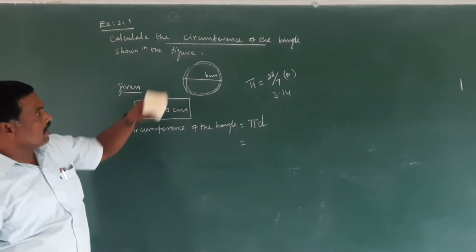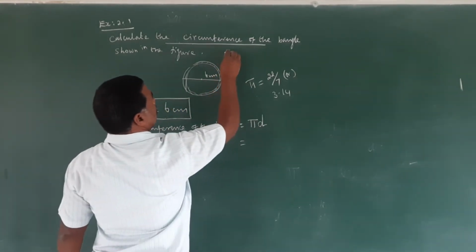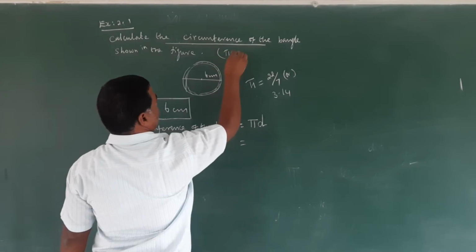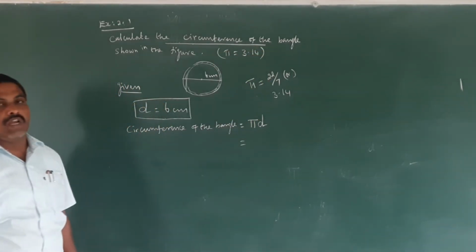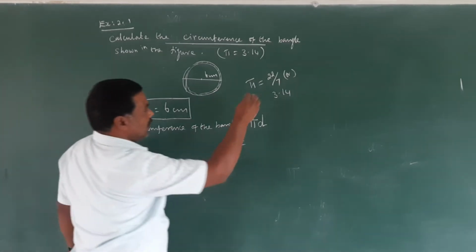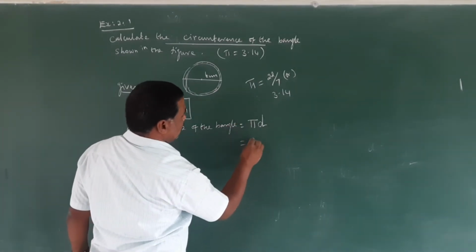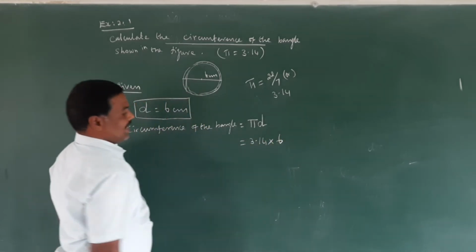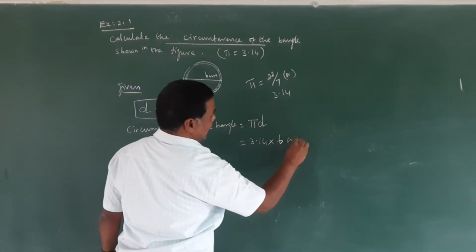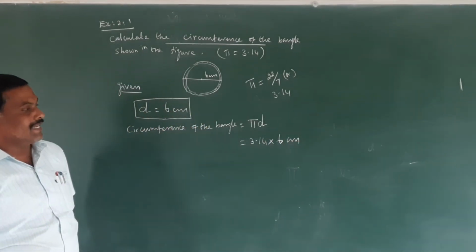The concept is the same. Use the pi value given in the question, 3.14. Now pi equals 3.14 and the diameter is 6 centimeter.